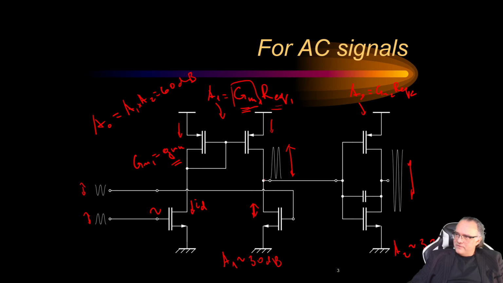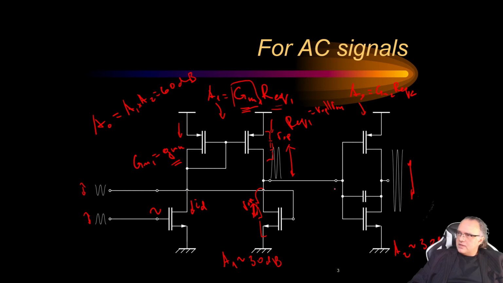So now the equivalent resistance at this node will be determined by the channel length modulation of the PMOS and the NMOS transistor. Say this is arrow P and this is arrow N. So R equivalent will be arrow P parallel arrow N. So the same here, except that now the amplifying transistors are both the P transistor and the N transistor.